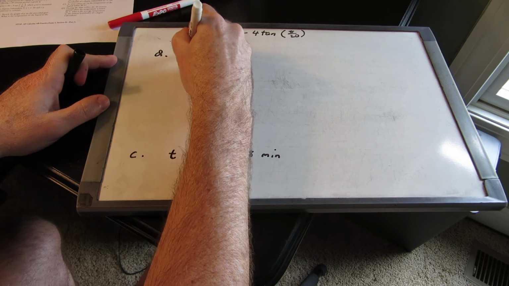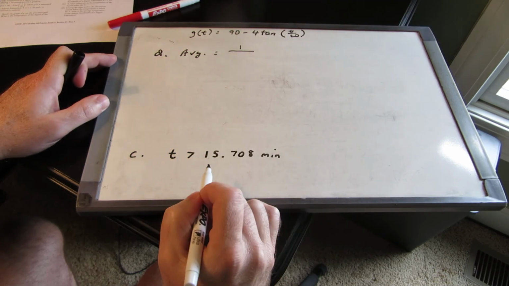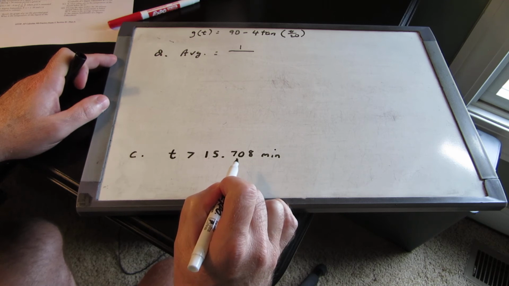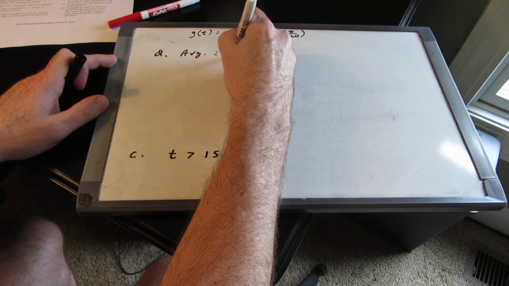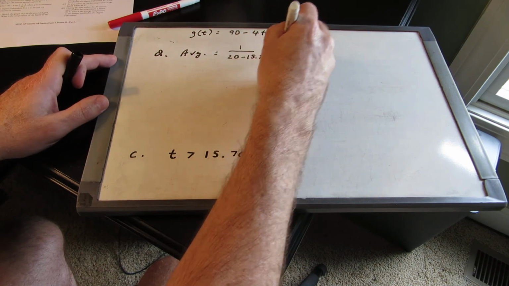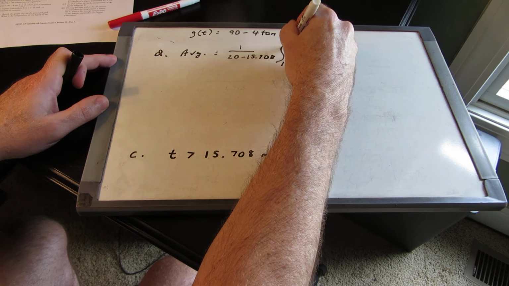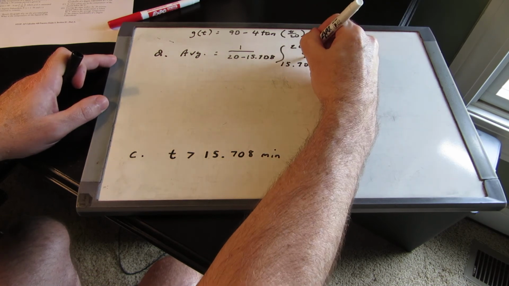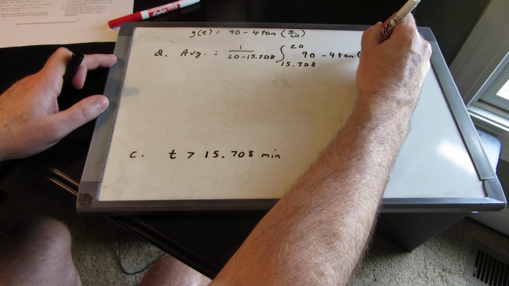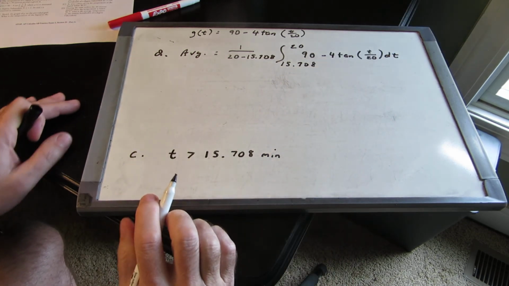The average value is equal to 1 over, and this is when t is greater than 15.708, so it's going to be 20, that's the top value, minus 15.708. And then we're going to integrate from 15.708 to 20 of the function 90 minus 4 tangent t over 20 dt.